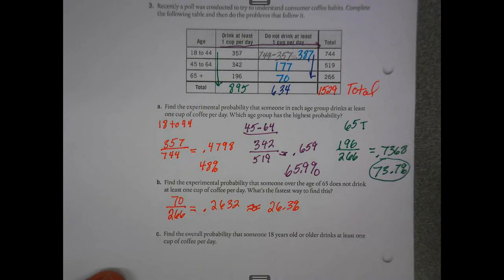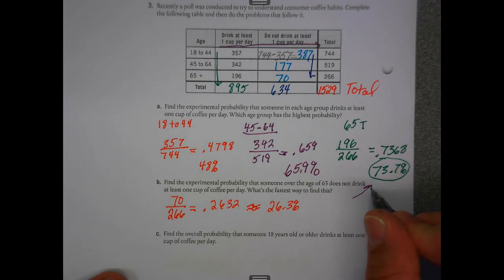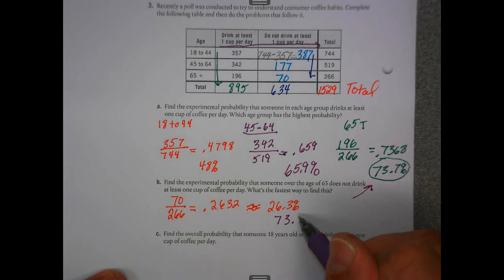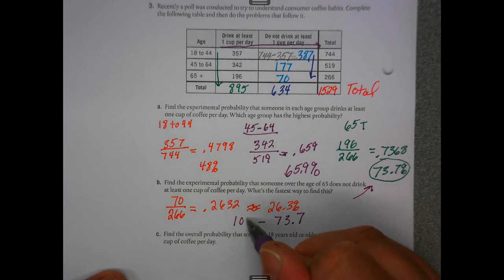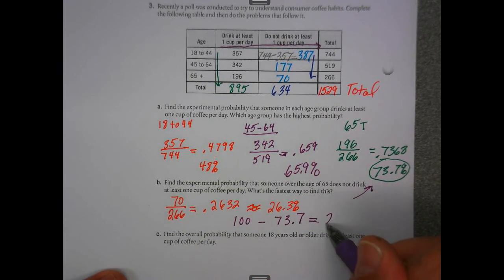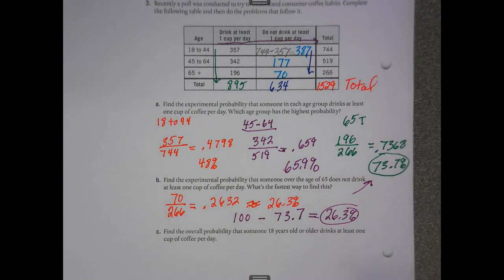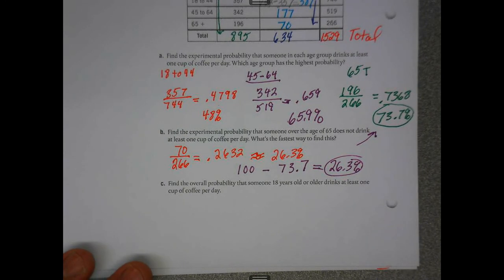And C, find the overall probability that someone 18 years or older drinks at least 1 cup of coffee. So 18 years or older, it's going to be all of them who drink at least 1 cup per day. That's 895, because that's the total number, at least one.